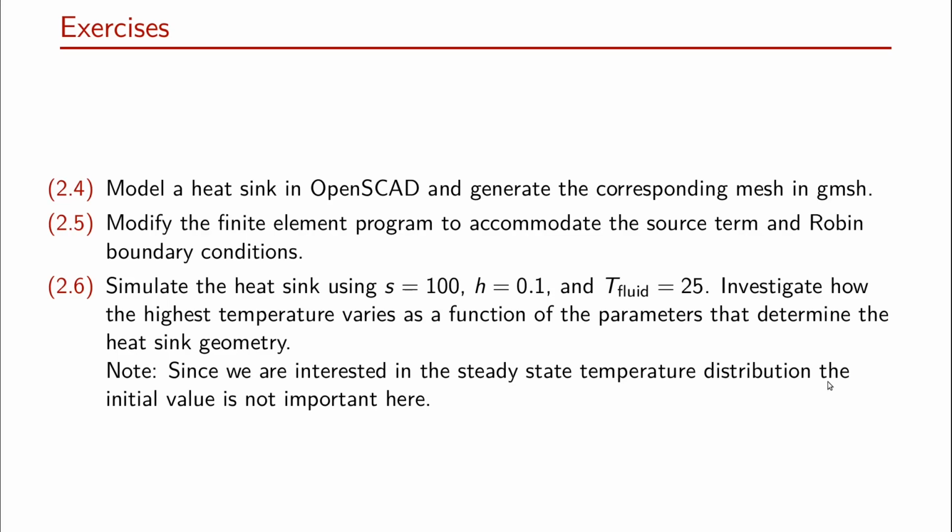On the other hand, the initial value is not important here, so in principle you can choose any initial value, but a fairly reasonable choice would be to assume that initially the heatsink has a constant temperature of 25 degrees. So at the beginning, before anything happens, the heatsink has 25 degrees, the fluid has 25 degrees, then you switch the thing on, some heat is generated, and the temperature rises until you achieve a steady state.